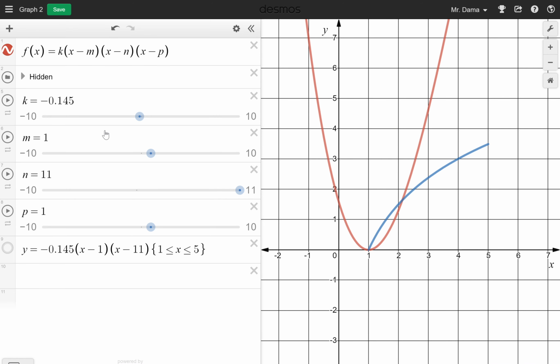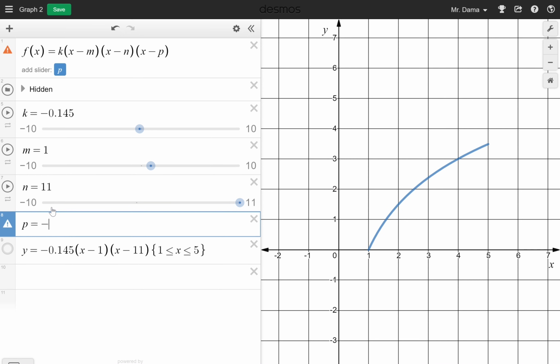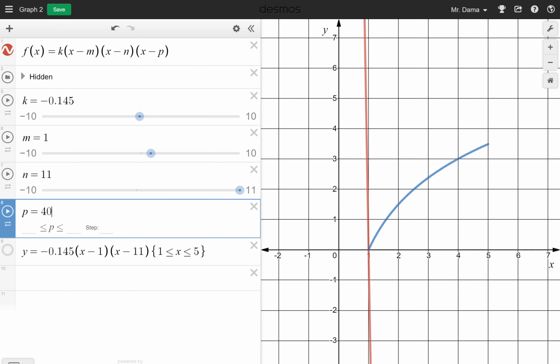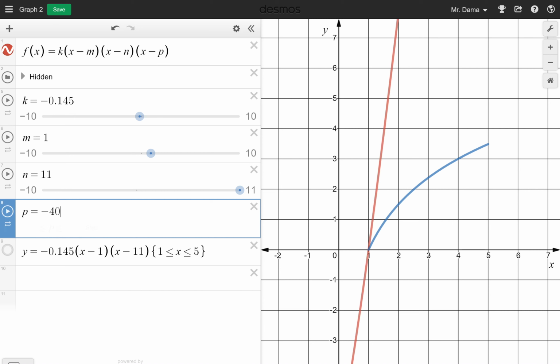So cubic model. I am also going to keep everything the same, but I'm just going to make P some huge negative number. Negative 40. Okay, Monique, what's a linear?